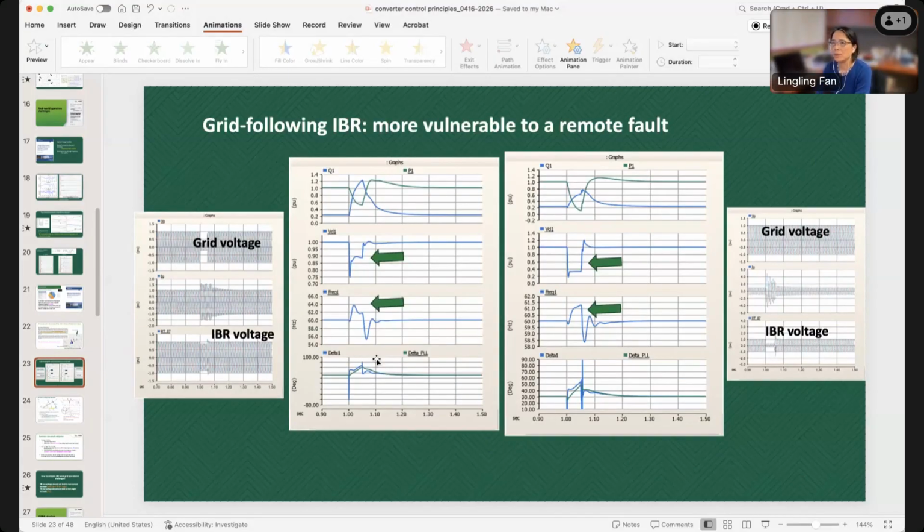What about some normal stuff that the power system operation people are familiar with? For example, remote fault is more vulnerable. Remote fault becomes more severe. That is completely against lots of the paradigm that has already been there for synchronous generators.